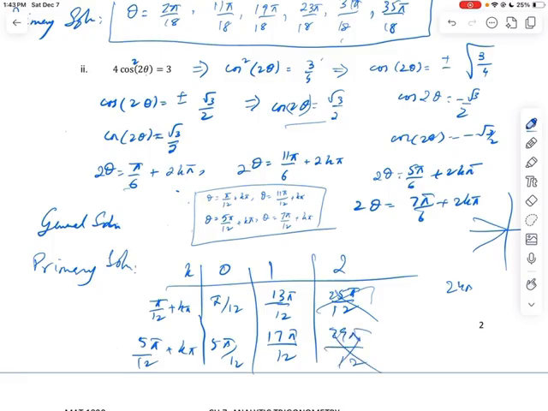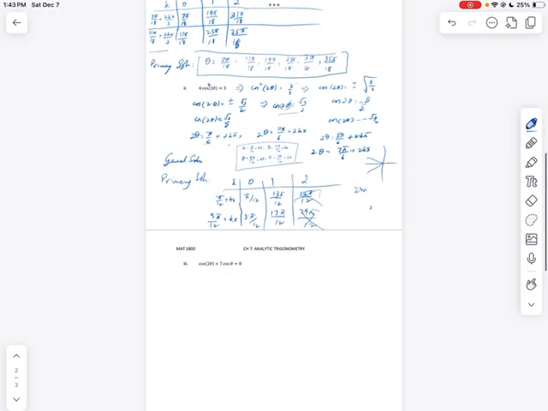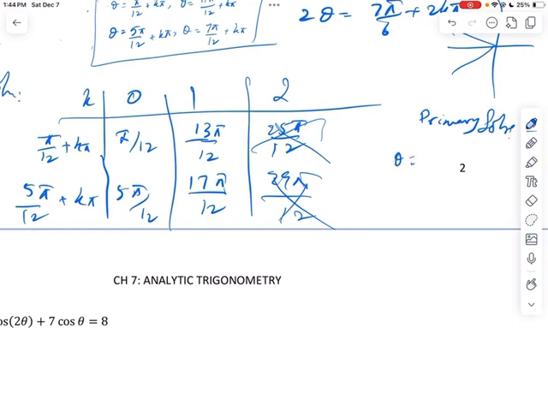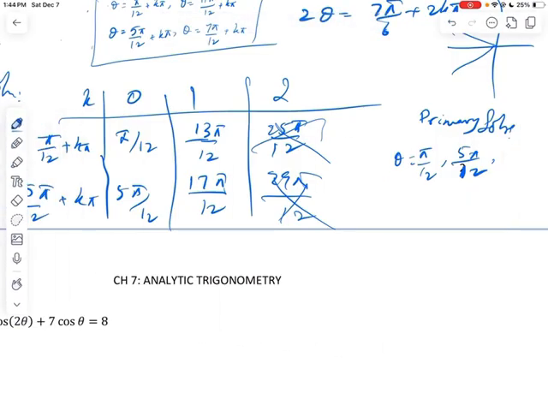So our primary solutions are theta equals pi over 12, 5 pi over 12, then the next one is 13 pi over 12, and the last one is 17 pi over 12.